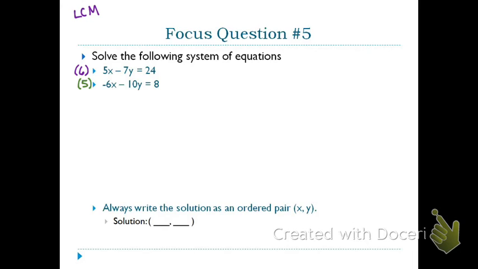Okay, now let's multiply through. In the top equation, what do we get? We have 30x minus 42y equals 6 times 24. What I do in my mind is I take 6 times 20 and 6 times 4.